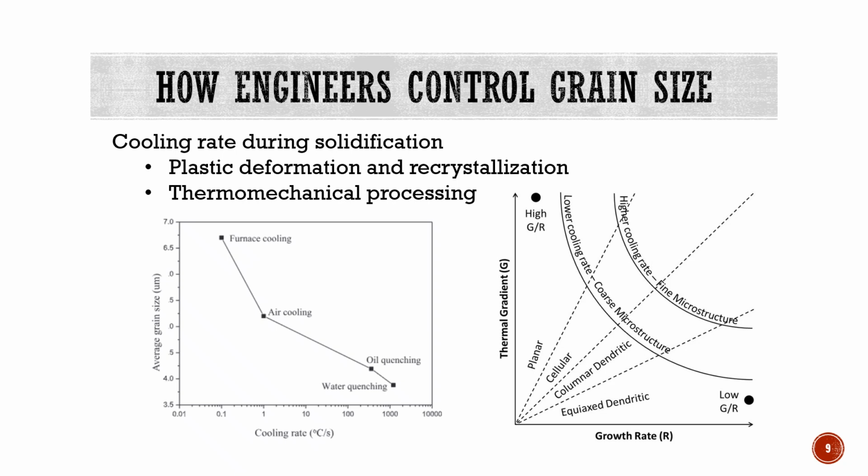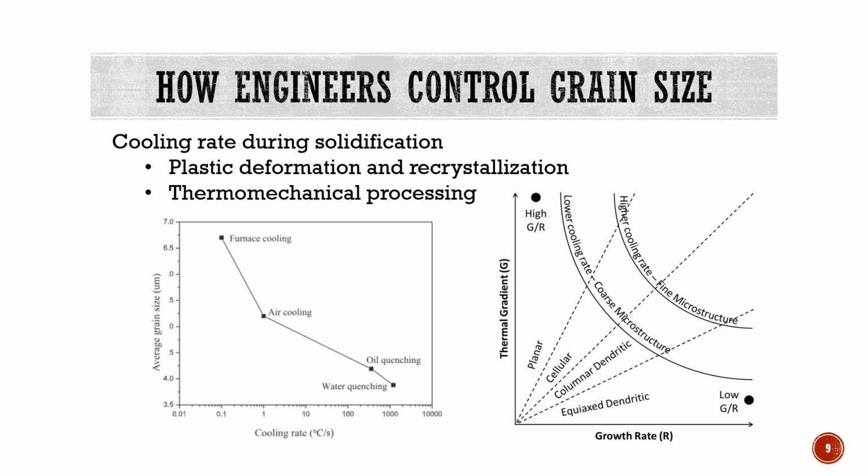Grain size does not form randomly. Engineers actively control it through manufacturing processes. As shown in the image, faster cooling during solidification increases the nucleation rate, meaning more grains form at the same time. When many grains form simultaneously, they grow less, resulting in a fine-grained structure.